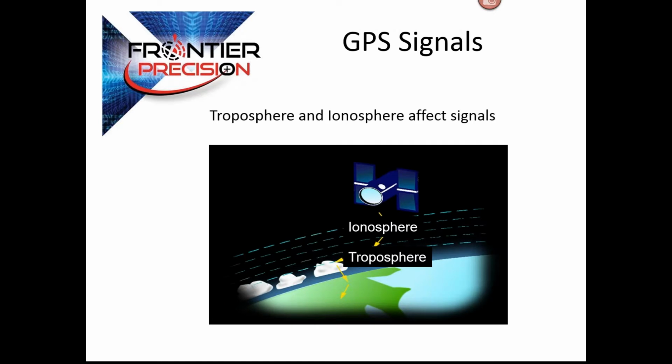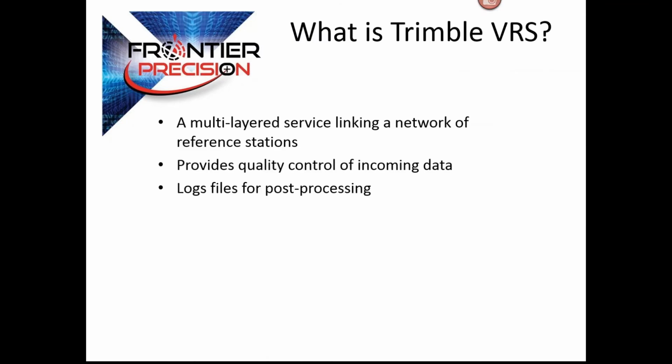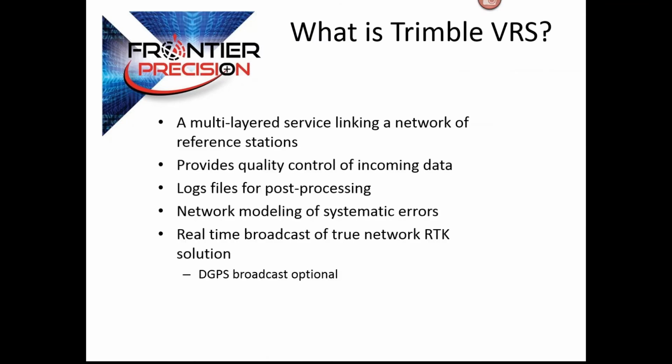But there is a better way, a much better way to get accuracy, and that is through the use of Trimble VRS. Trimble VRS is a multi-layered service linking a network of reference stations, and these reference stations provide quality control of incoming data. They log files for post-processing.